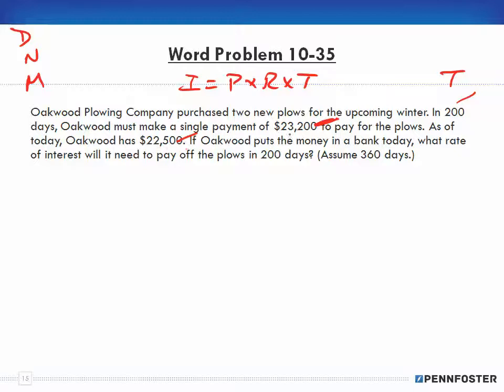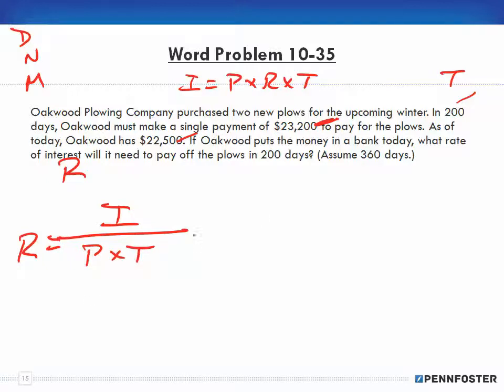That means he's going to need an additional $700 at that time. It asks, if Oakwood puts the money in the bank today, what rate of interest? So we're going to be calculating for the rate. So rate is equal to interest over principal times time.